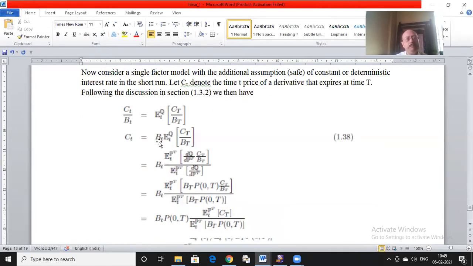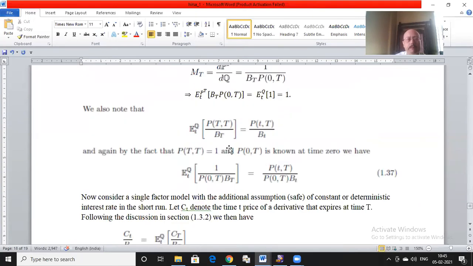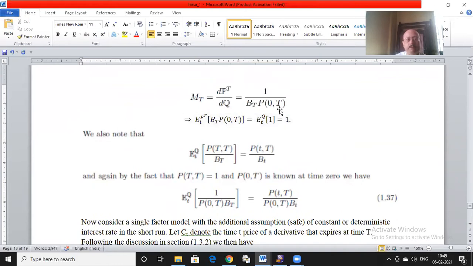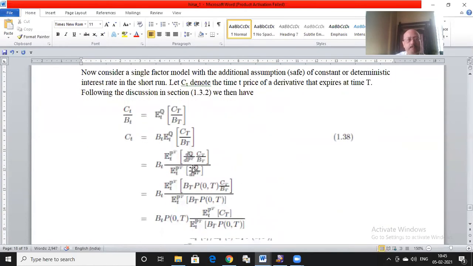So I multiply this side by BT, and then I introduce my dQ dP inside, because my dQ dP has a simple structure, and I divide the whole thing by this expectation.